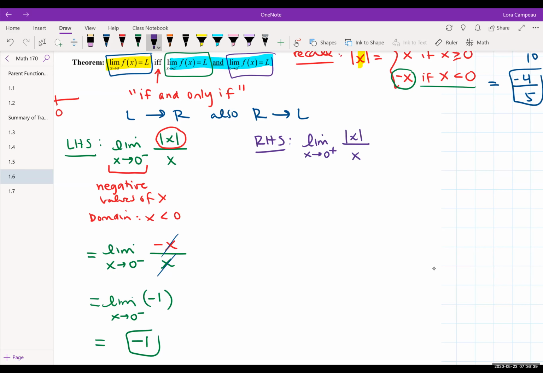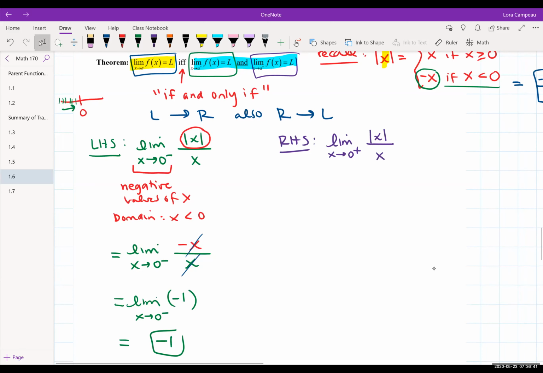And now, playing with that number line once again. If you're approaching 0 from the positive side, you're actually looking at positive values of x right here. And so that's telling us our domain is x is greater than 0.